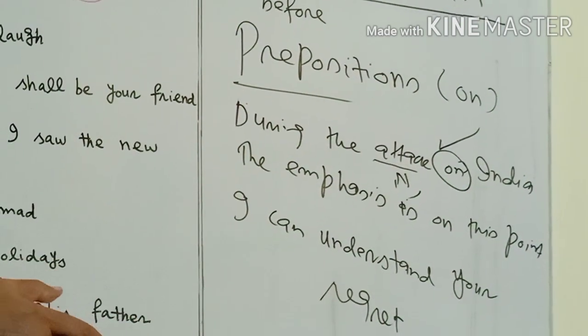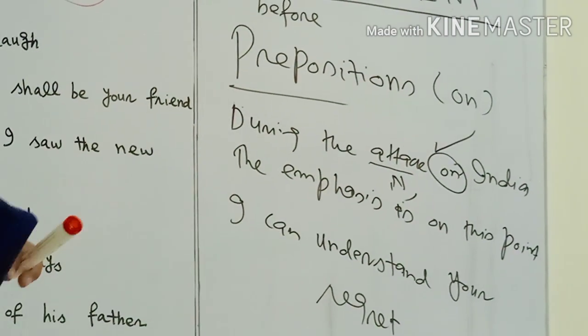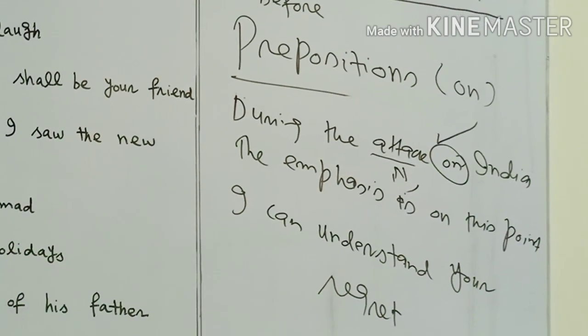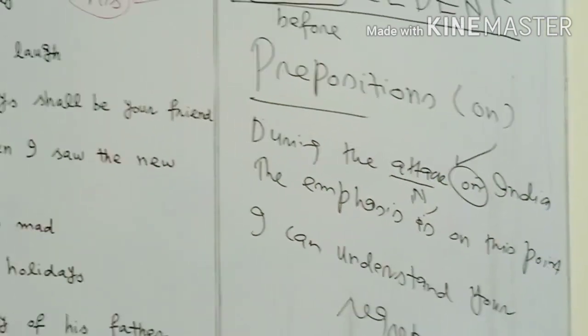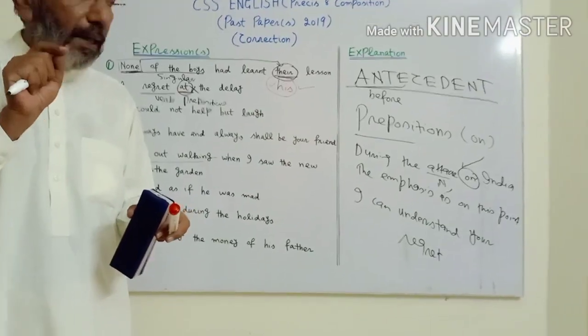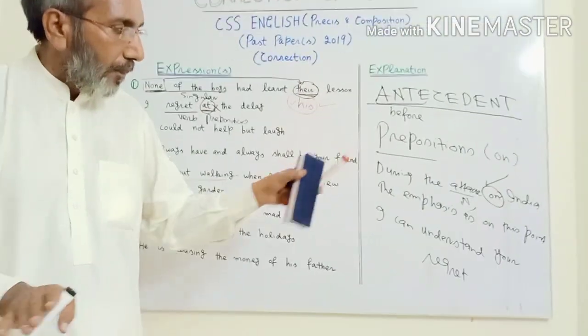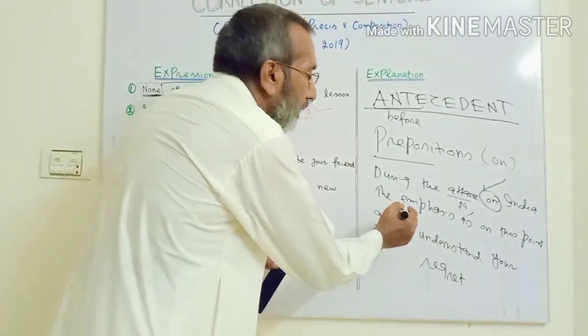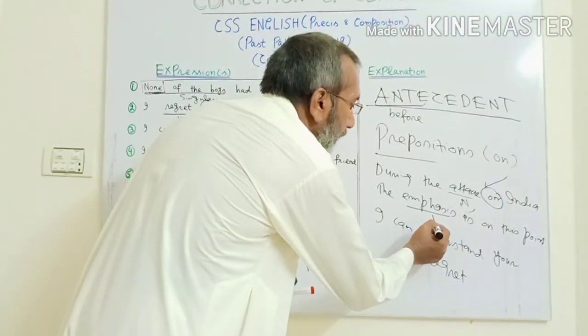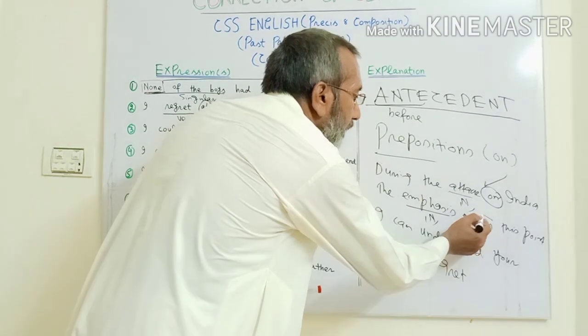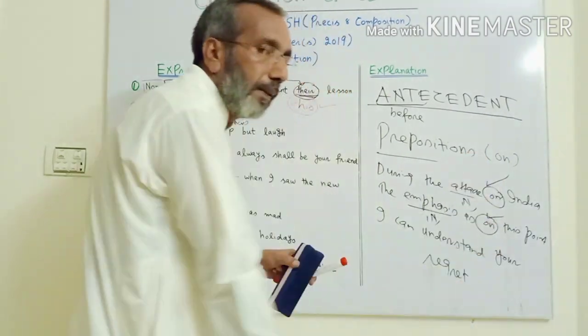The emphasis is on this point. In one of the previous examples, I said he emphasized this point. When we use emphasize as a verb, no preposition, but as a noun, as we can see here, a preposition is required.